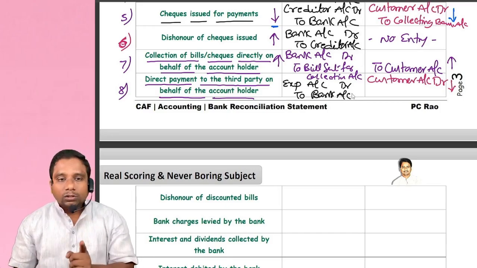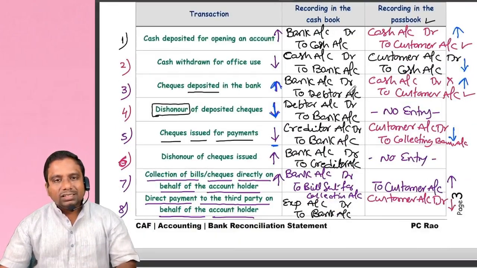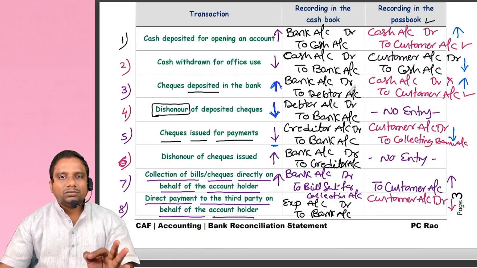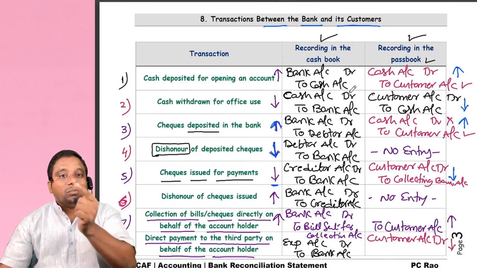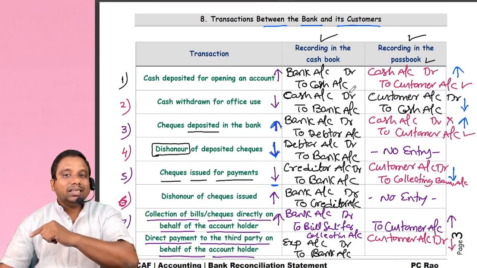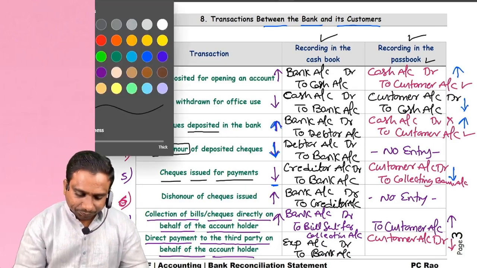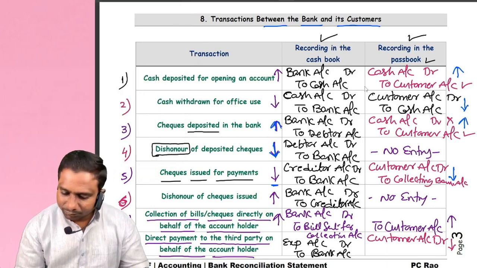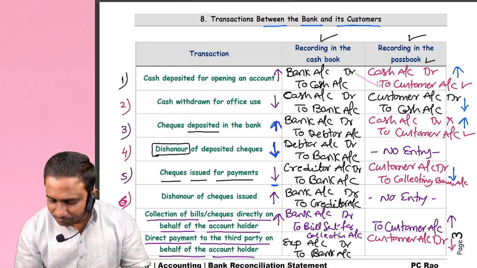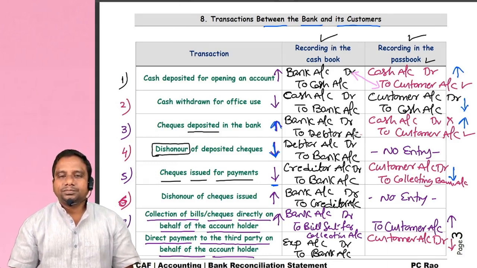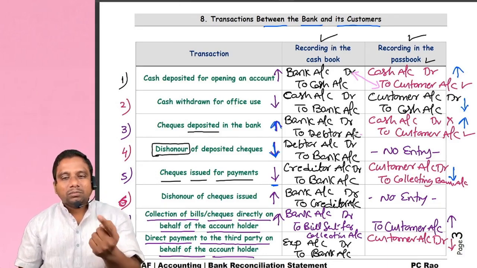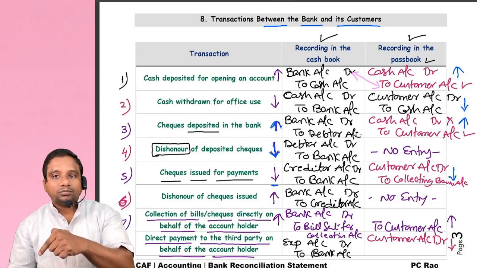Okay, here you have to observe, in each transaction, in our books, bank account is debited. In the bank's books, our account is credited. Observe carefully. When we debit bank account, the bank is crediting our account.